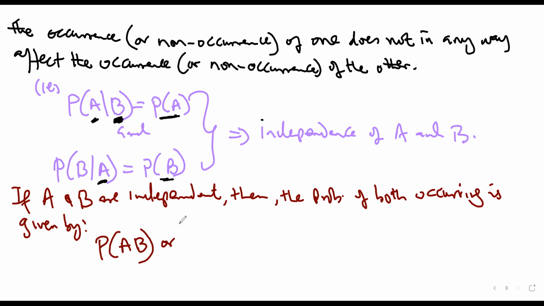Or you can say the probability of A and B. You can write it like that. Or you can say the probability of A intersection B.